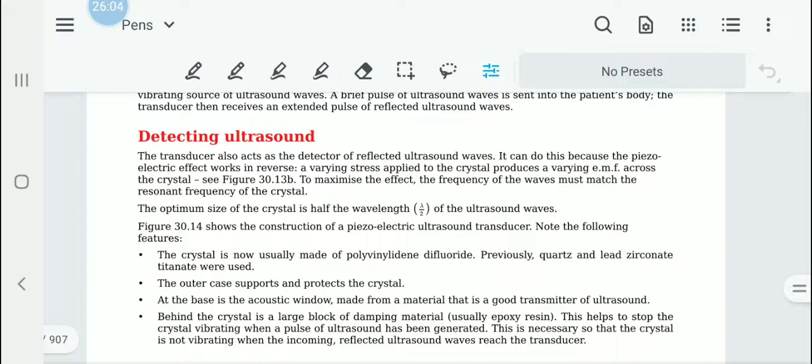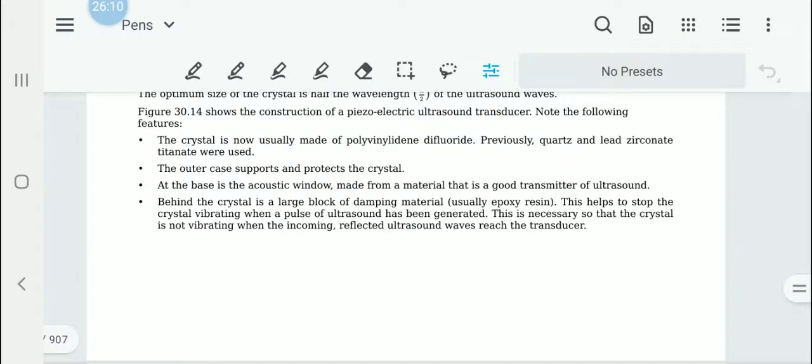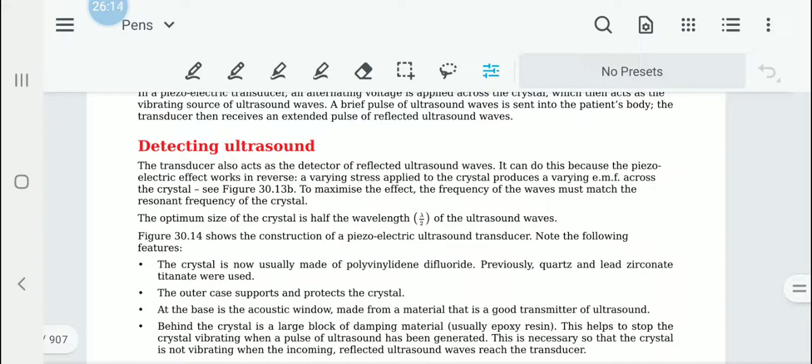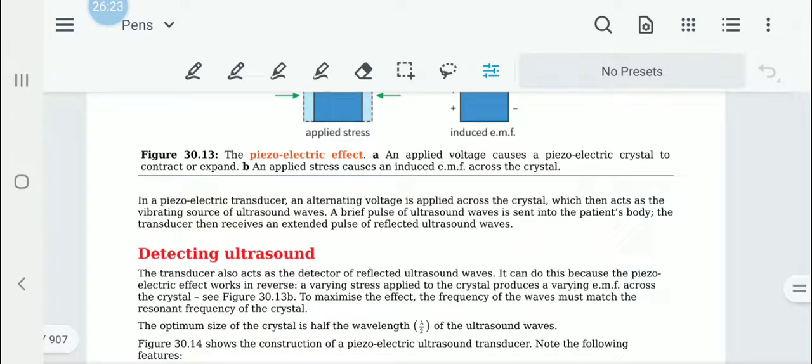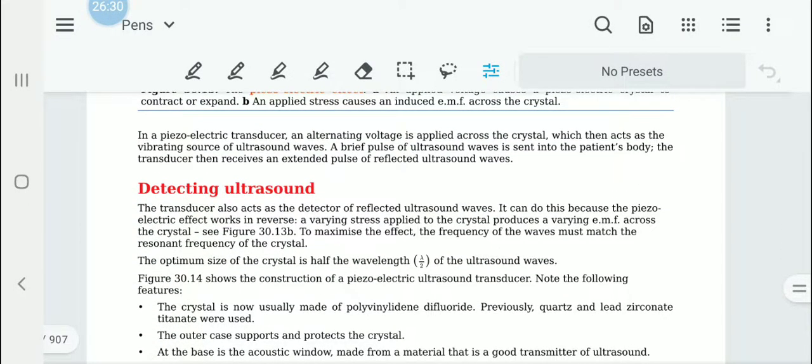When the sound wave is reflected, it would be detected by the same piezoelectric crystal, which produces an EMF across the crystal.